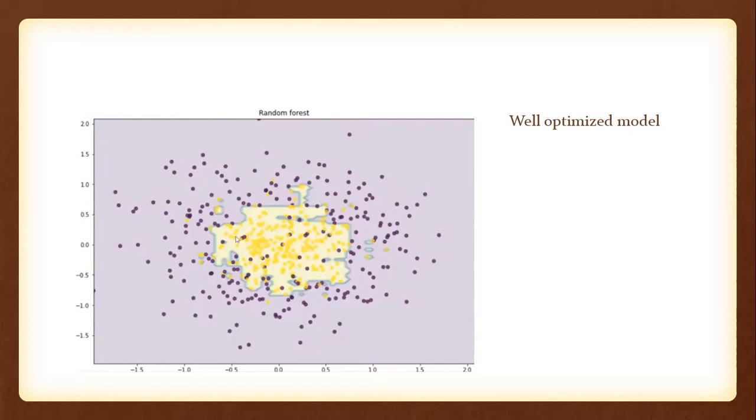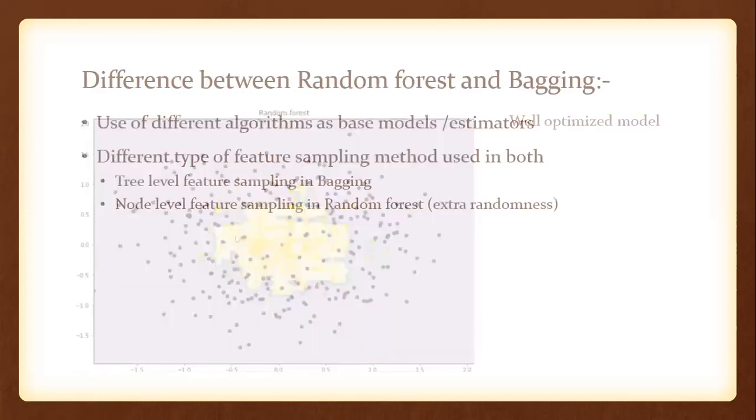Of course, the training error has increased a little bit, but it is very well optimized now. It will give you a much better prediction than a decision tree. You can see here the yellow strip is restricted around these yellow dots only. This is the huge benefit of random forest.